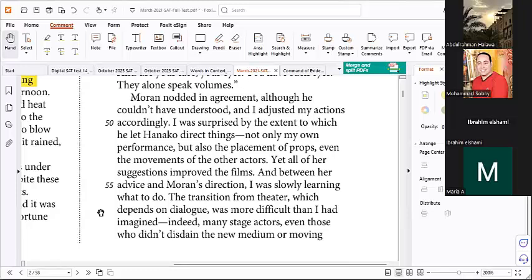Yet all of her suggestions improved the films, and between her advice and Moran's direction, I was slowly learning what to do. The transition from theater, which depends on dialogue, was more difficult than I had imagined. Indeed, many stage actors, even those who discerned the new medium, were moving.